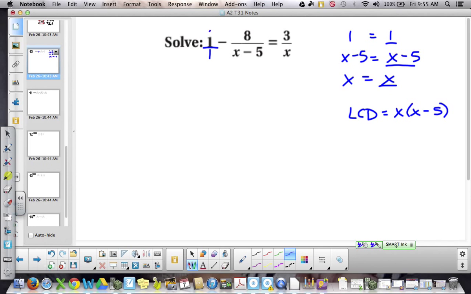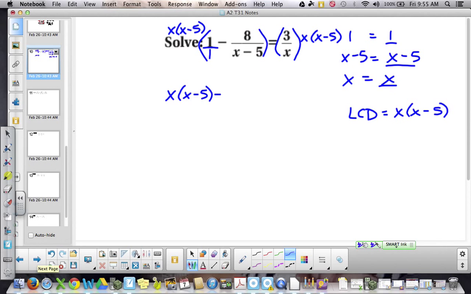We'll take the entire left side times x times x minus 5, and the right side times x times x minus 5. When we multiply 1 times that, we get just x times x minus 5, minus, and then we multiply the 8 over x minus 5.